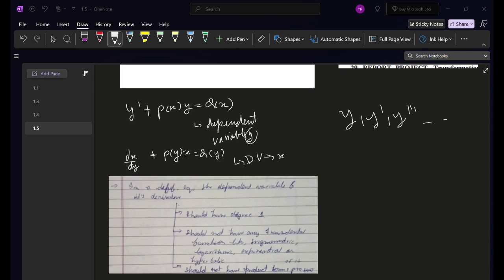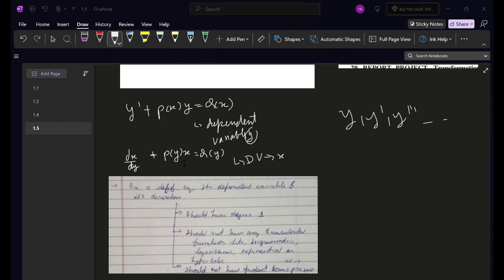In this one, we have y' plus y, which is fine, but here we see a trigonometric term, a transcendental function, and y has been written inside a trigonometric function. So this is also non-linear. In this one we can see y' + y² = x, and here the degree of y is 2. So that's why this is also a non-linear ODE.